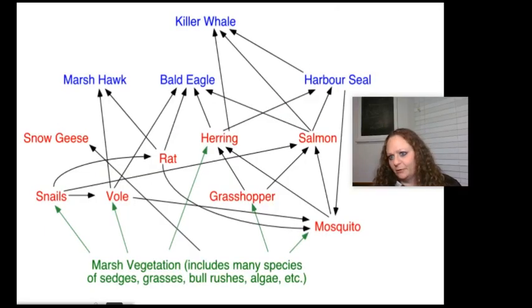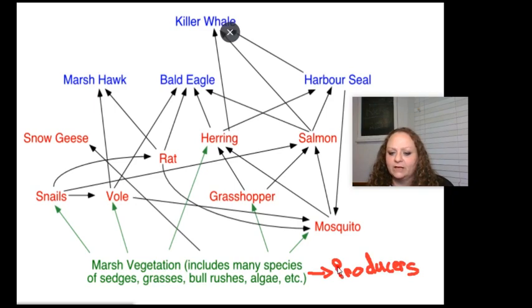And of course, after you learn about the food chain, you have to move to the more complicated version, which is the food web. So here at the bottom, this is our producer level. These are the organisms that are going to be taking in energy from primarily the sun and using that energy to support the rest of the food web.